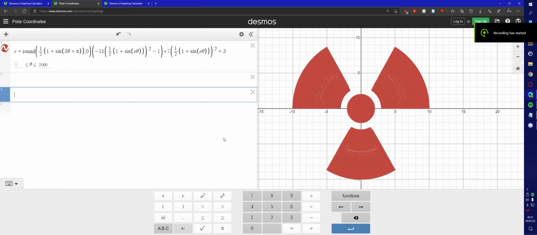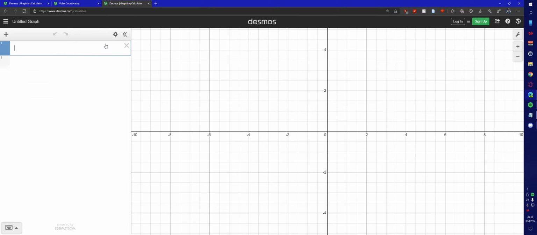Yeah. I nearly forgot our rounding function. 0.5 times 1 plus sine 3.